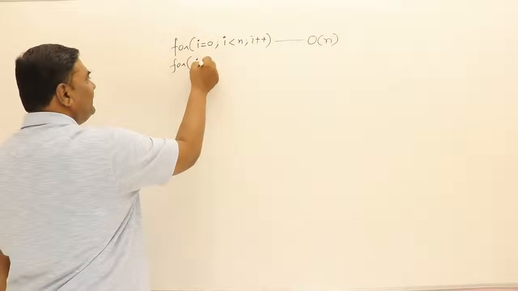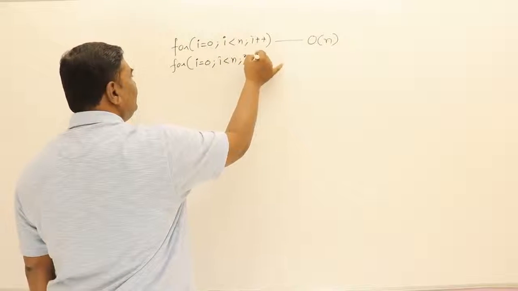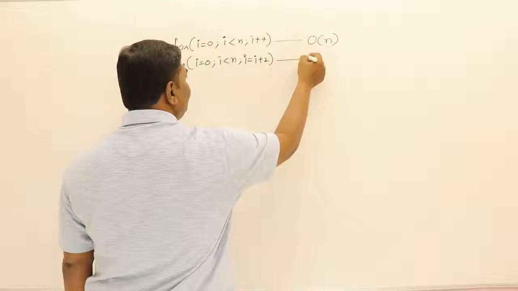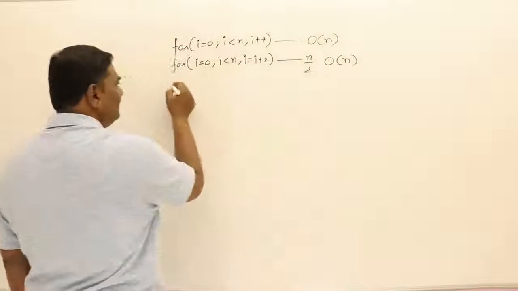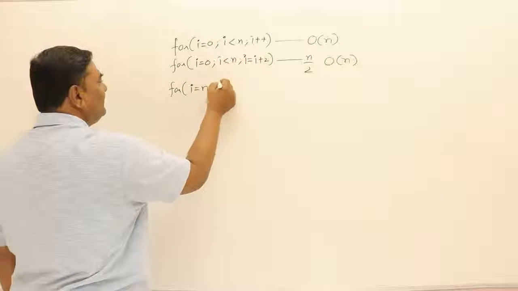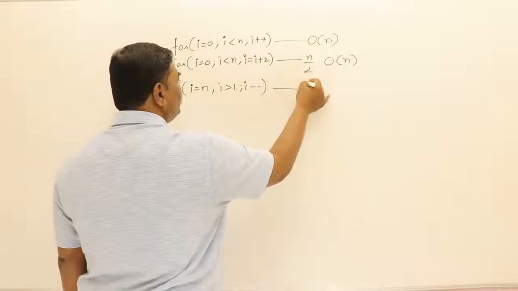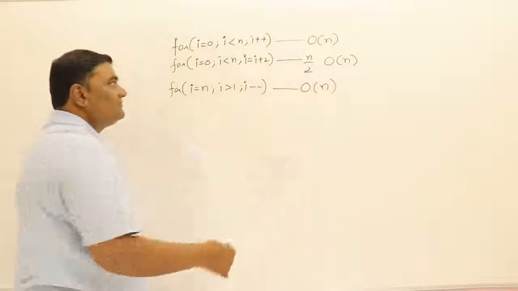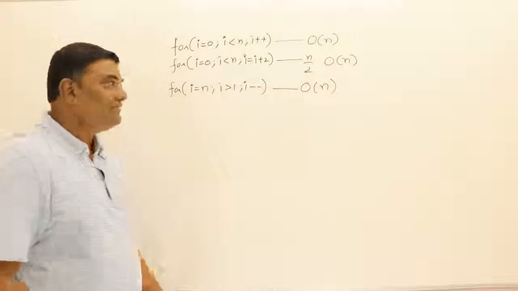If this is written as I assign 0, I is less than n, and I assign I plus 2, this is going to be n by 2, that also we take order of n. Then for I assign n, I is greater than 1, I minus minus, this also order of n. So if it is incrementing also order of n, if it is decrementing also order of n.